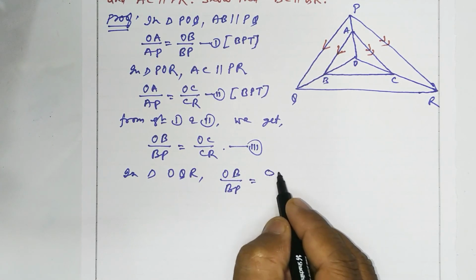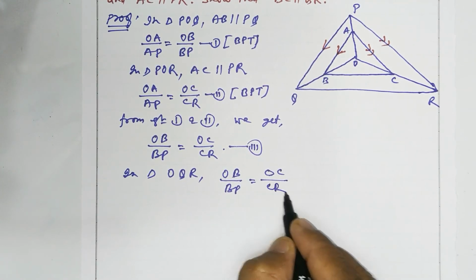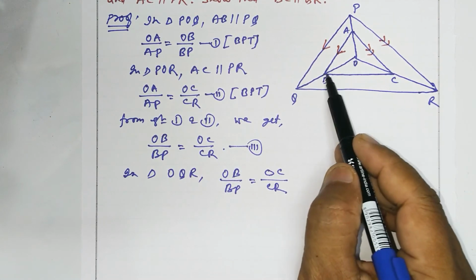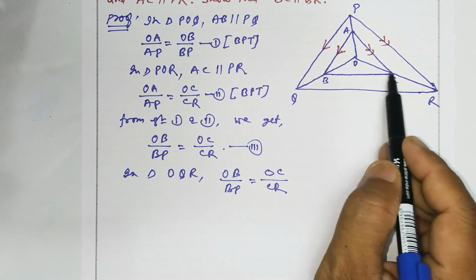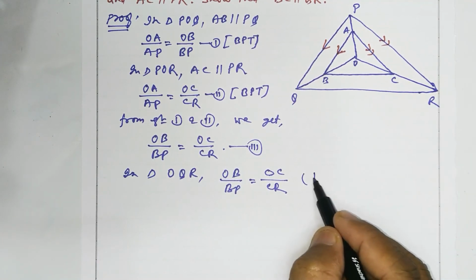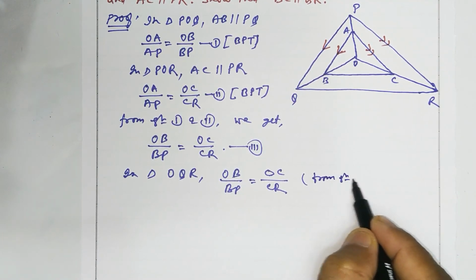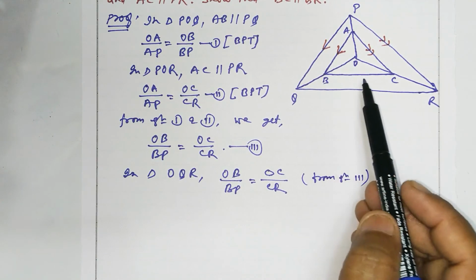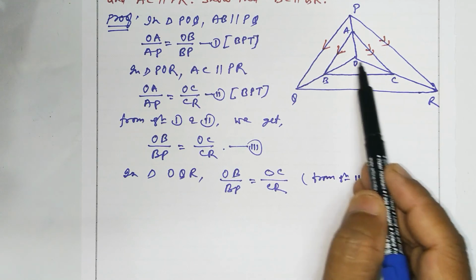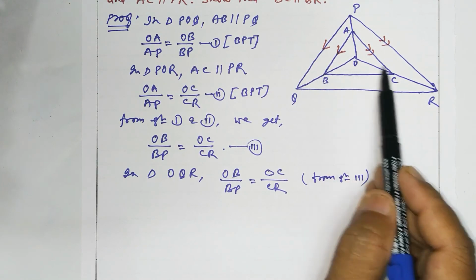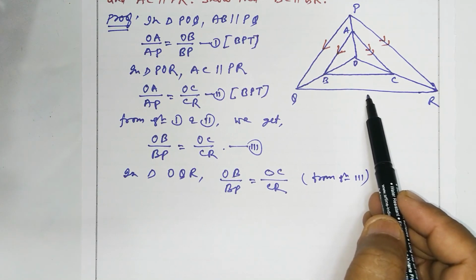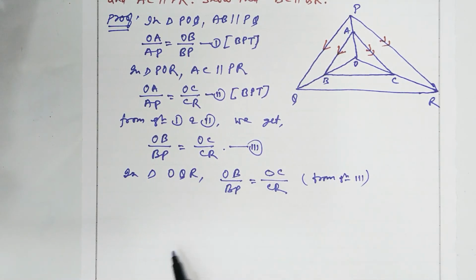So the converse of BPT states that if a line divides two sides of a triangle in the same ratio, then this line must be parallel to the third side. So this is called the converse of BPT.